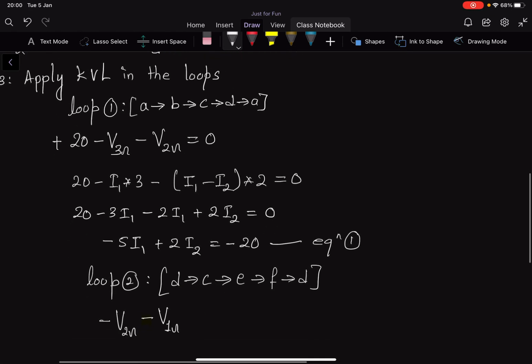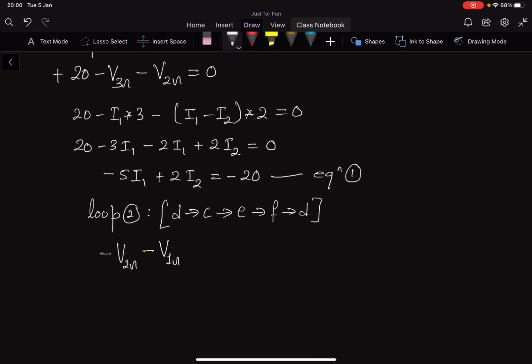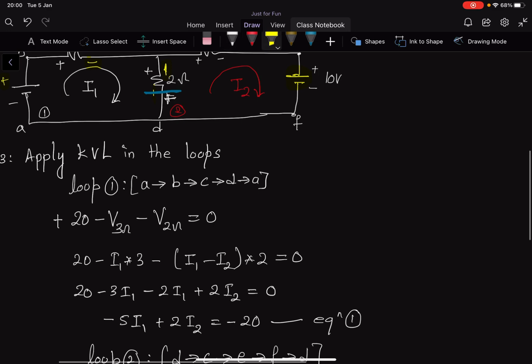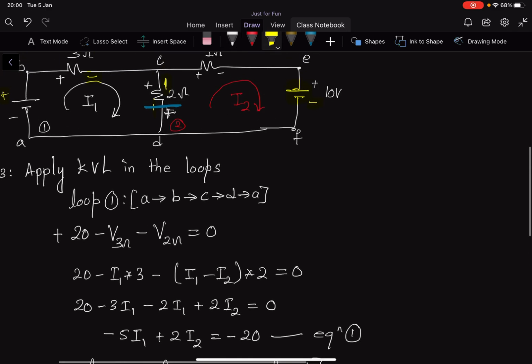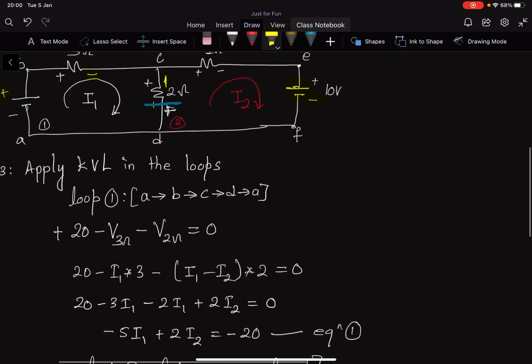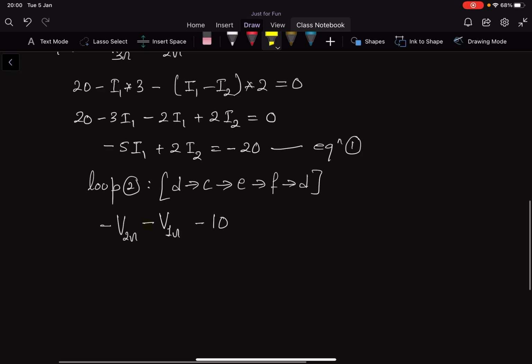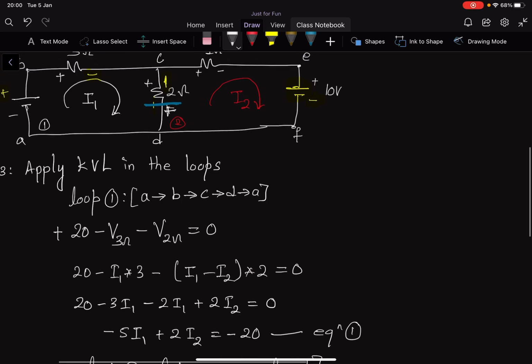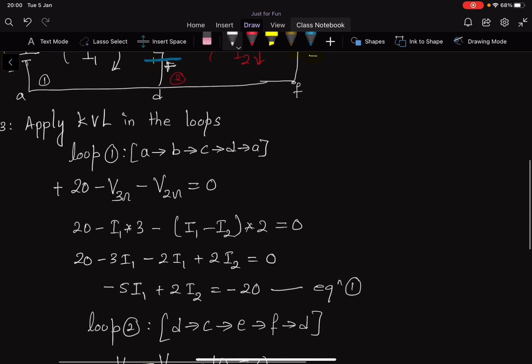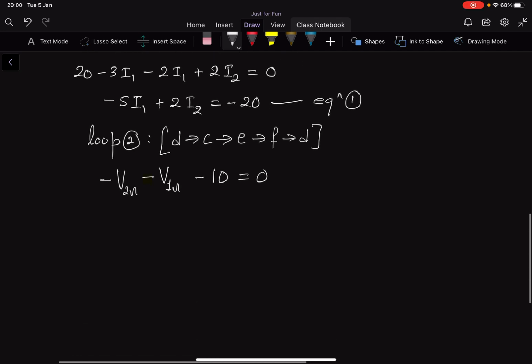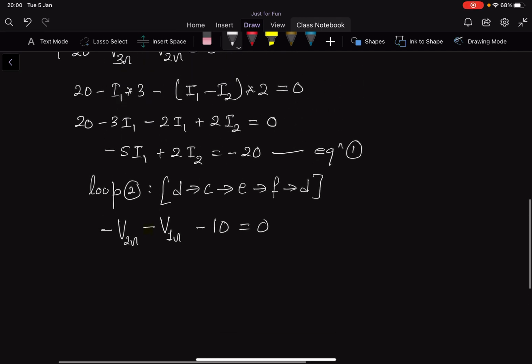That's why this value is going to be minus 10. I hope you understand this. You need to look at the end polarity, going from E to F. So we got minus 10 equals 0, because from F to D there is nothing, no resistor, no voltage source. So we got 0.